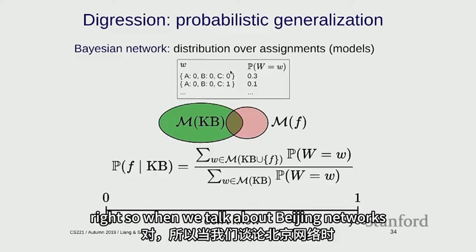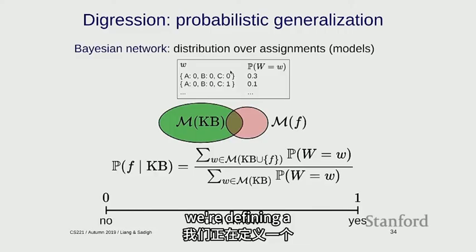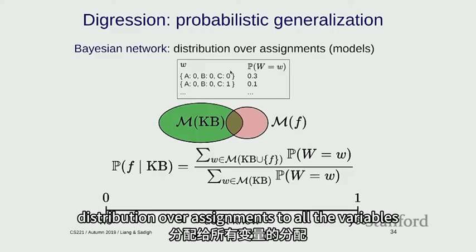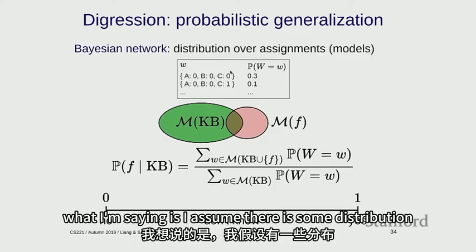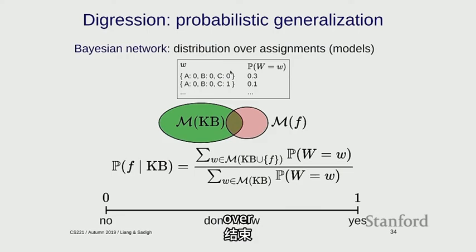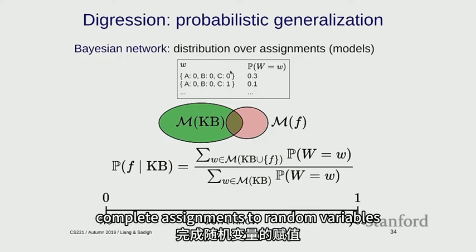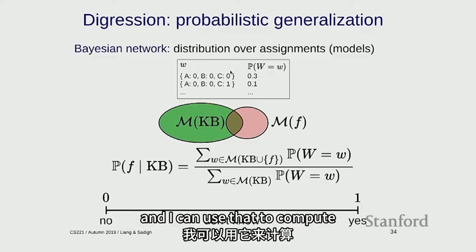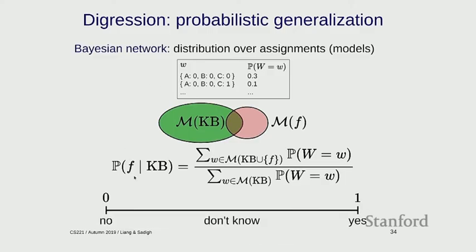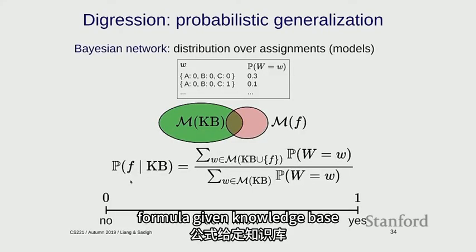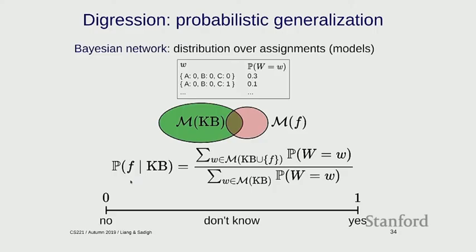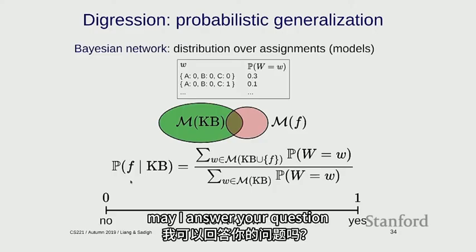So when we talk about Bayesian networks, we're defining a distribution over assignments to all the variables. So here what I'm saying is that assume there is some distribution over complete assignments to random variables, and I can use that to compute probabilistic queries of the formula given knowledge base. Am I answering your question?